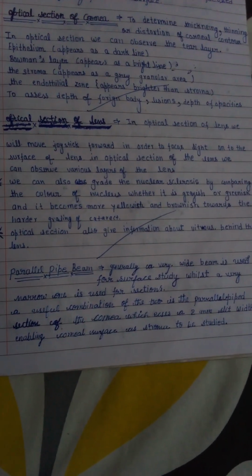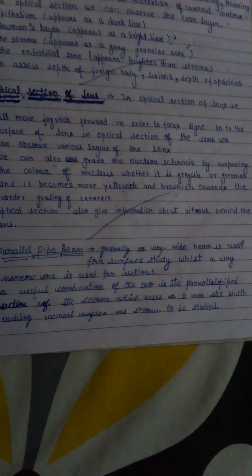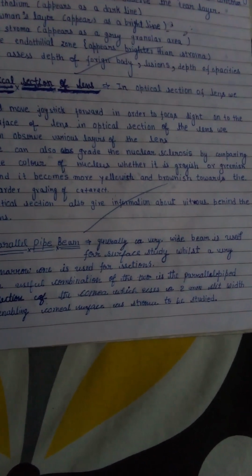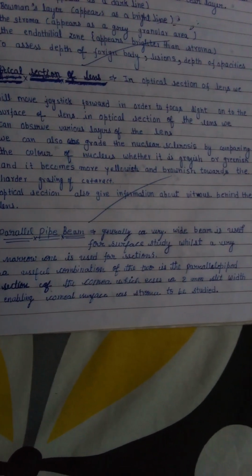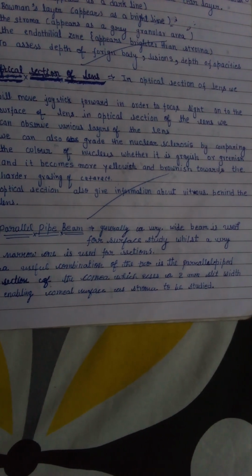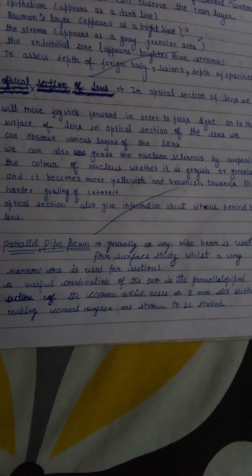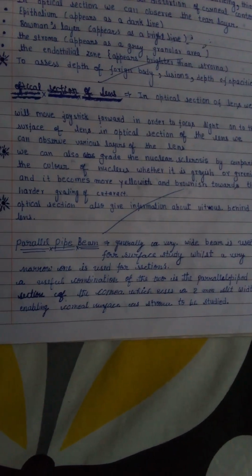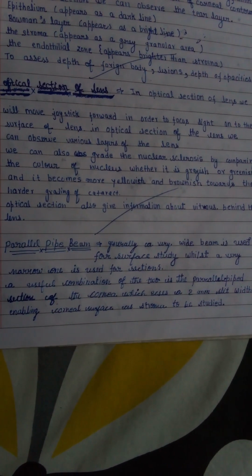A useful combination of the two is the parallel pipe section of the cornea, which uses a 2 mm slit width, enabling the corneal surface and stroma to be studied. So by using a parallel pipe beam, we can also study the corneal surface and stroma layer of the cornea.